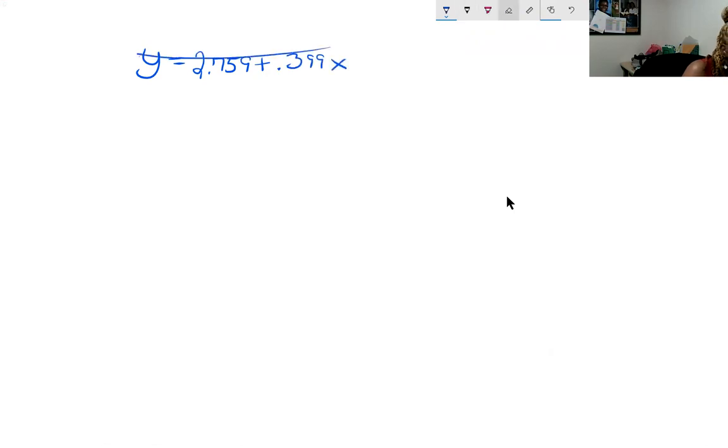Oops. Okay. Oops. Why do I keep doing it? All right, so let's underline it. Because my line is jacked. So anyway, that is the least square regression line.